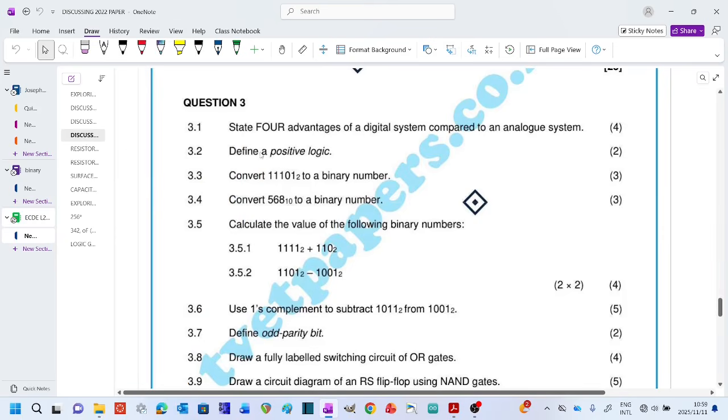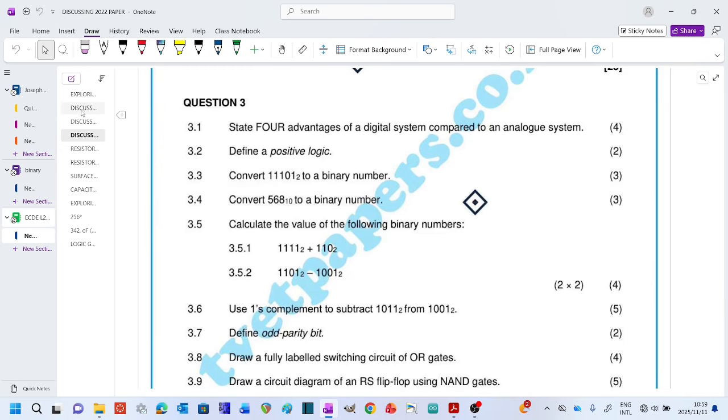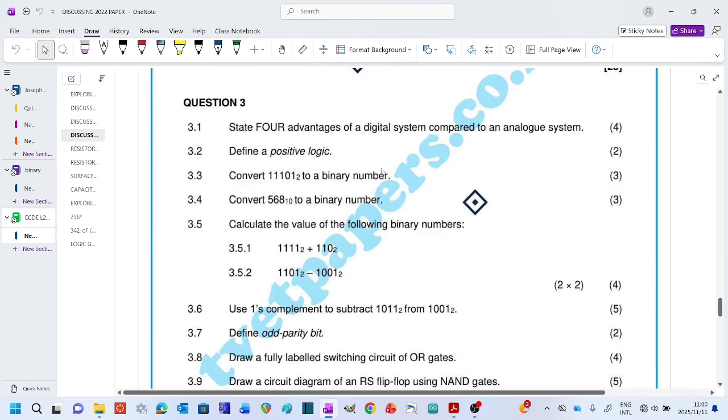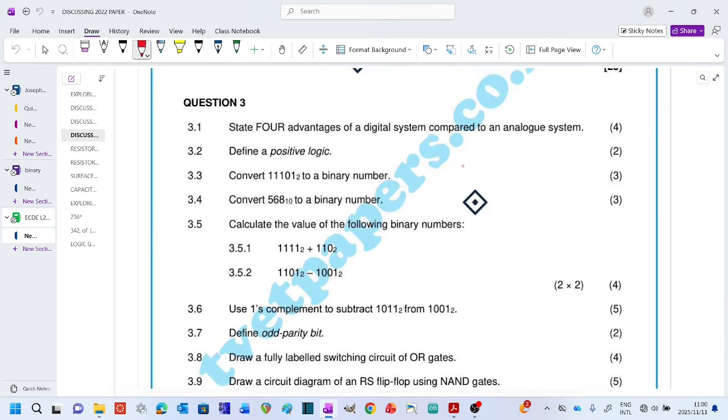And then define a positive logic. So we discussed positive logic. With a positive logic, we say a more positive voltage represents a 1, and a less positive voltage represents a 0.